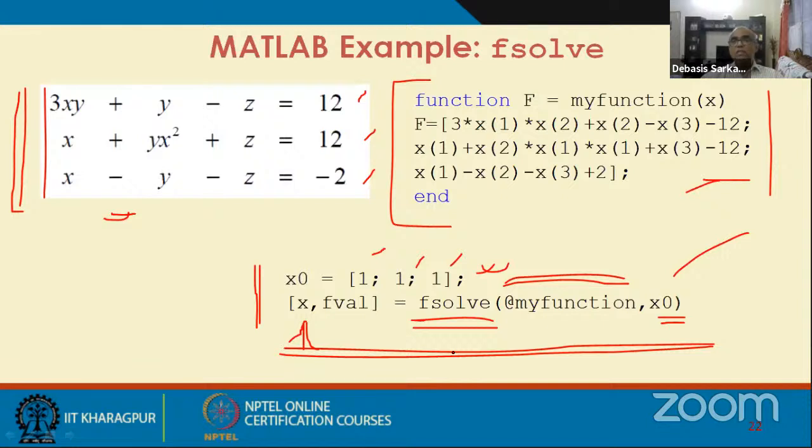So to find out steady-state conditions for, let's say, CSTR, bioreactor, and many such processes in chemical engineering, you will make use of fsolve to solve nonlinear algebraic equations, mass balance equations, and so on.